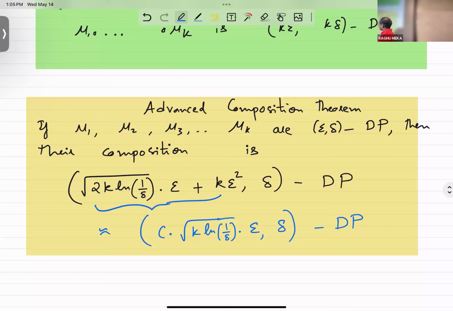So what does this mean? It's only square root k times epsilon versus k times epsilon. Even if I started with pure differential privacy, it's saying I can actually do this sequencing roughly 1 over epsilon squared times before I lose privacy.